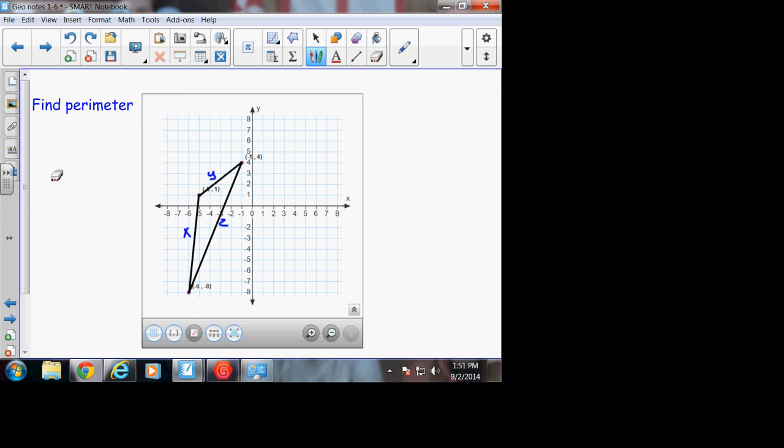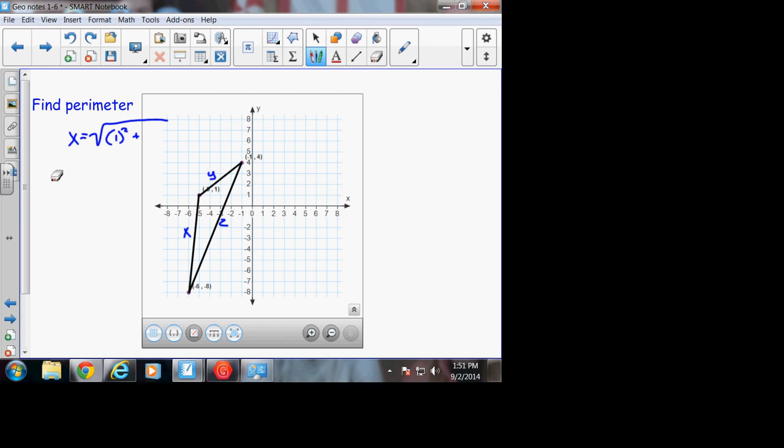Okay, so how do we find the distance of this line right here, of x? Distance, or I'll write x because now we know what it is. The square root. We have -5 minus a -6, which is 1.